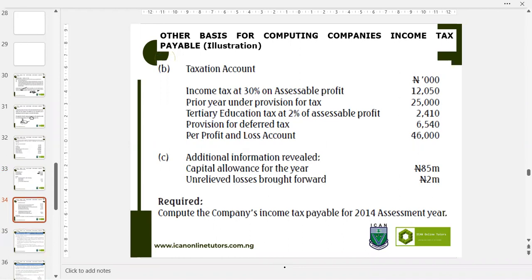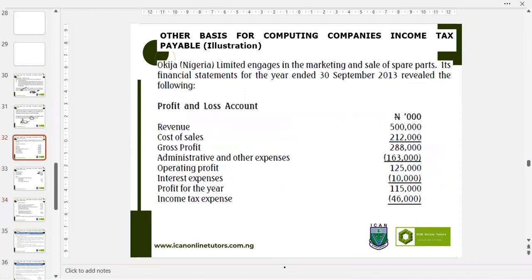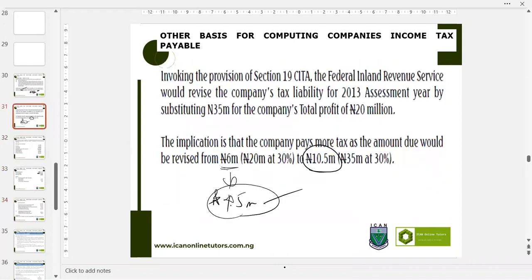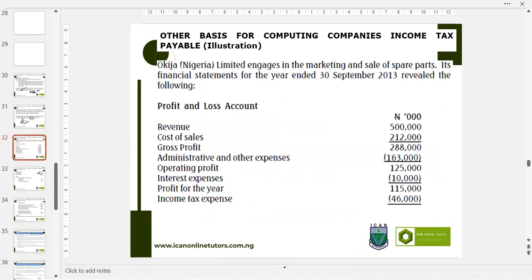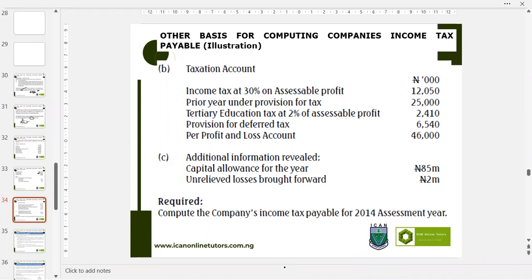To achieve that, you first need to compute your accessible profit. Once you have done that, you apply the provision of Section 19 of CETA, which is the dividend basis. Whichever is higher is what you recommend that the tax authority should assess the taxpayer.